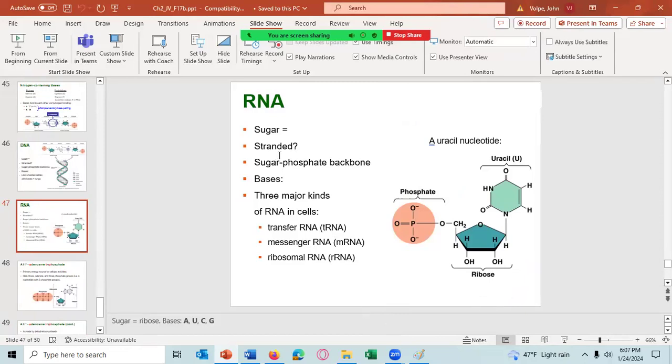RNA is only single-stranded. At least in our cells, our RNA is only single-stranded. And it's actually in any cell, the RNA is only single-stranded. You have to have a virus before you can have the RNA double-stranded. And we'll talk about viruses much later in the term.